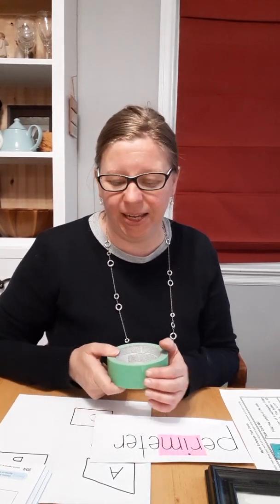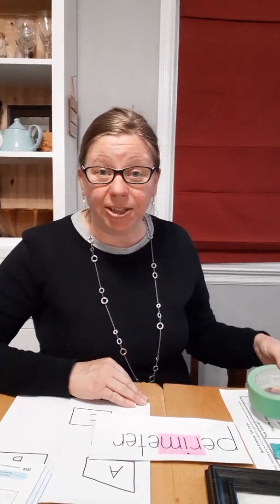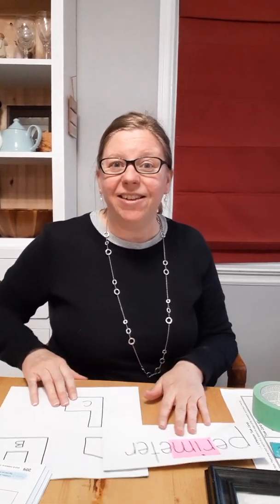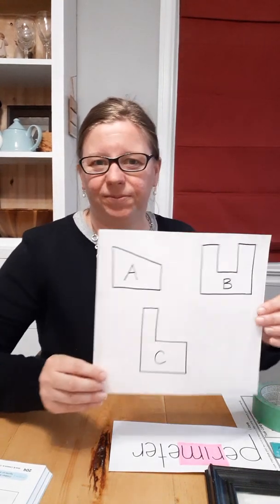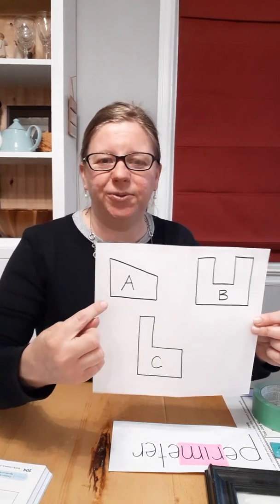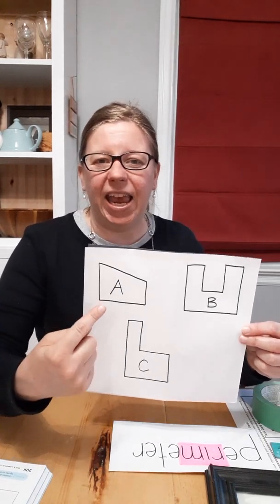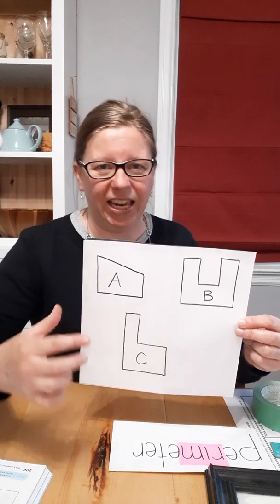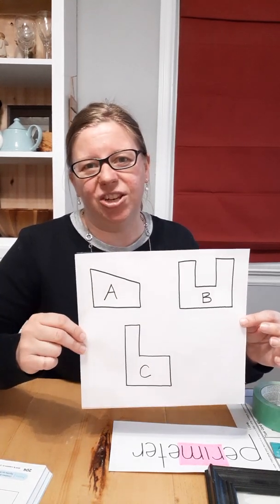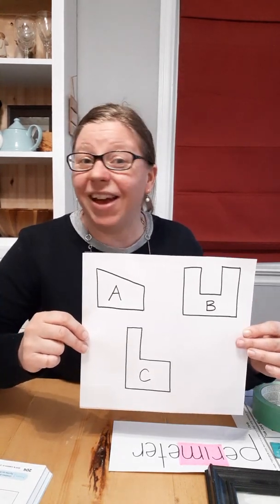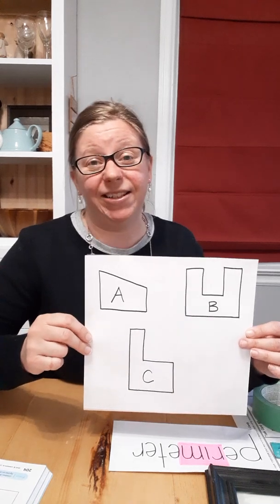And then you would be working in your detective teams, your small group teams, to measure the sides, the outsides, the distance around each of those objects. So I'd be making shapes on the floor like figures A, B, and C that are seen on my page here. But we are not going to be able to be in our classroom.